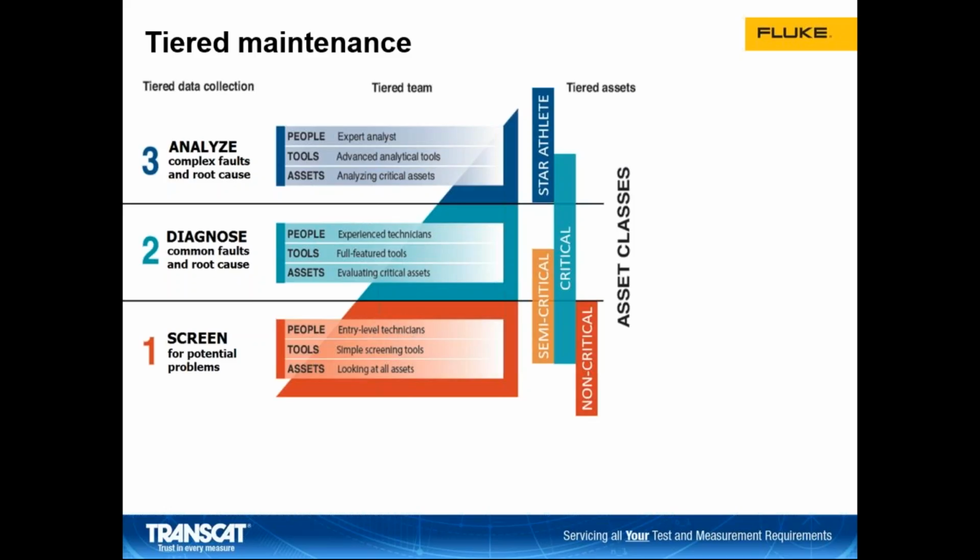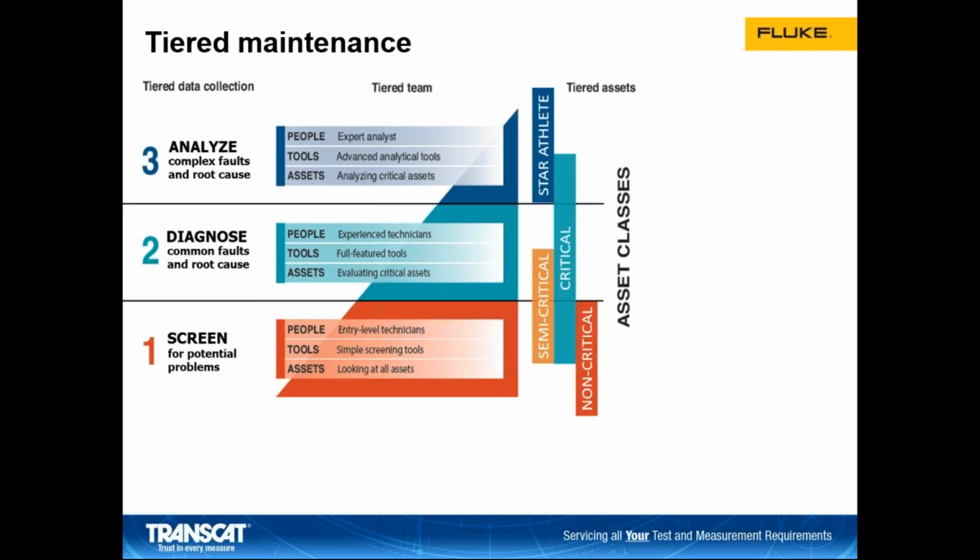Once they find some potential problems, then we bump it up to the doctor, and the doctor, of our machines, would be a little bit more experienced technicians using diagnostic tools that would find the common faults, just like our general practice doctor, looking for root causes, looking for answers, and then they would probably be handling most of our critical machines.